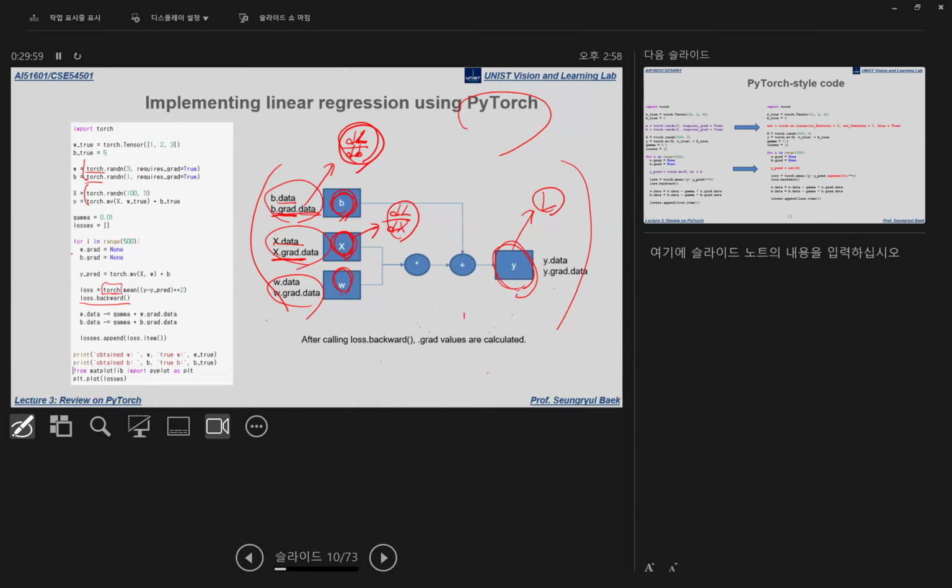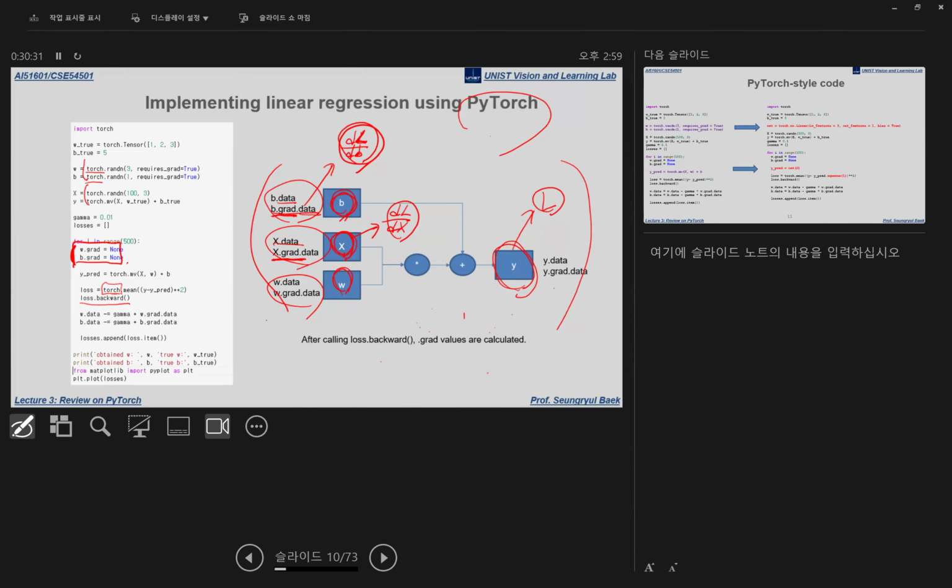Because of that, you have to assign a known value to W and B, which are the parameter vectors. If you do not do this, because W grad and B grad have some initial random values, the learned gradients are added to them, so eventually they will have some wrong gradient value.